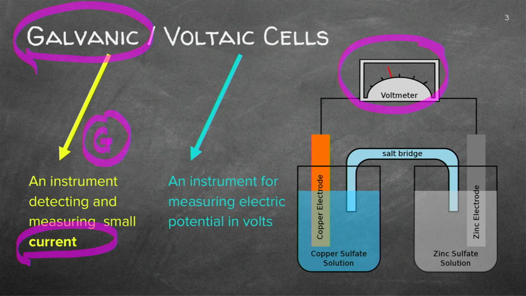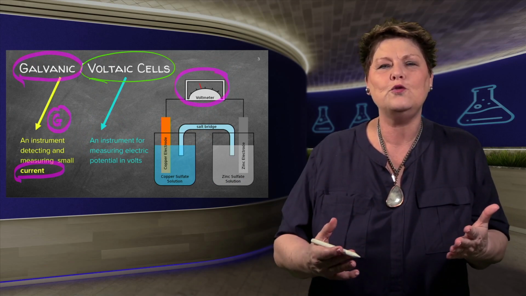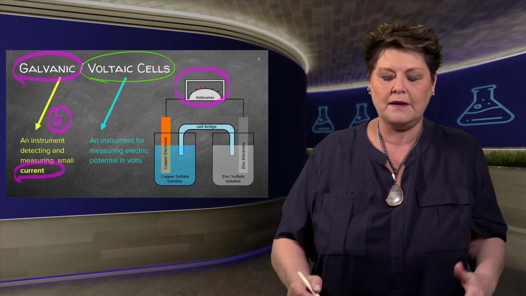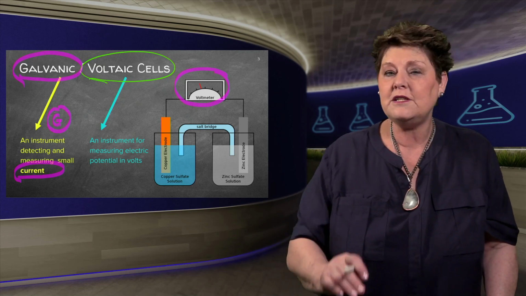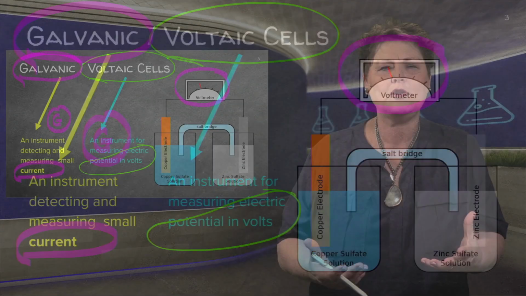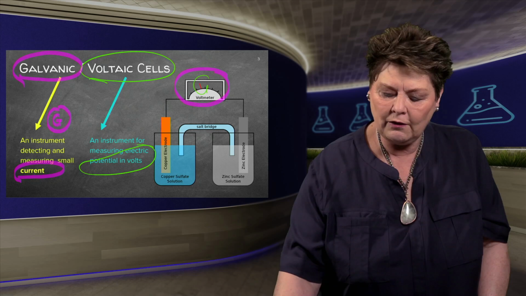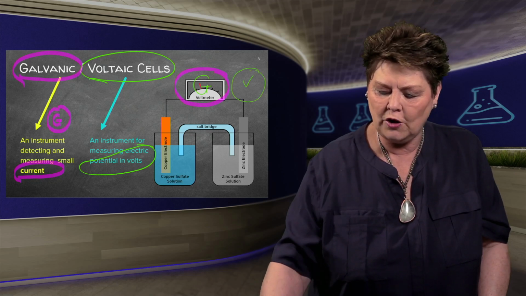Or you can use a voltmeter. That will be called a voltaic cell. But it doesn't matter which of the two you're using, you'll get exactly the same results. Remember, a voltmeter, which you've done in physics, will measure the electric potential. So that's just in the beginning to specify. Both of them will be used interchangeably. It just depends which measurement you did, a galvanometer or a voltmeter.